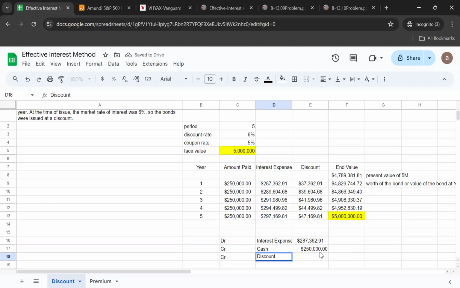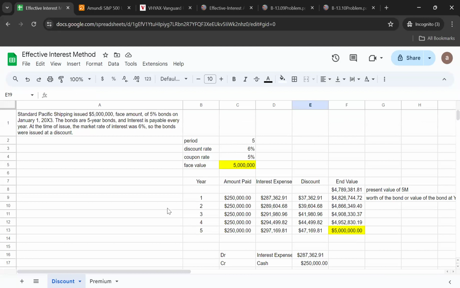This is called discount amortization actually. And that difference, this is the difference here, Control C, and then this number. So this would be your journal entry. And if you do it, debits and credits will always be equal. You can see here the green thing, 287,362.91, it's exactly the same. So this is the effective interest method. I hope it's simple enough, and it has been explained simply enough to understand how to make this table.